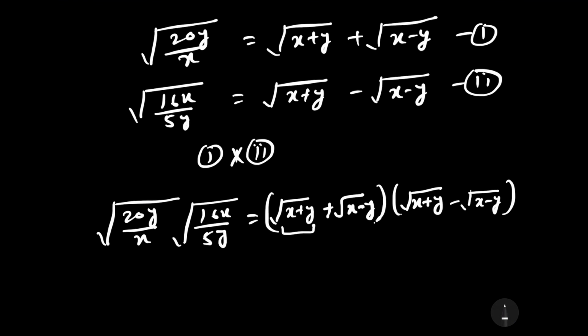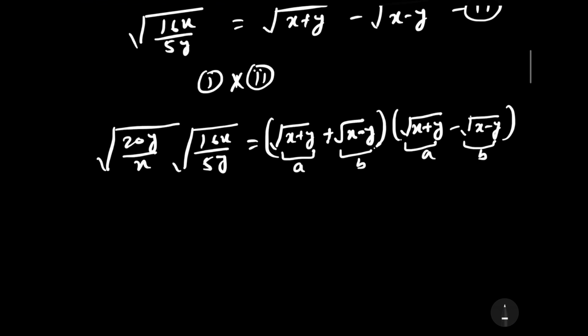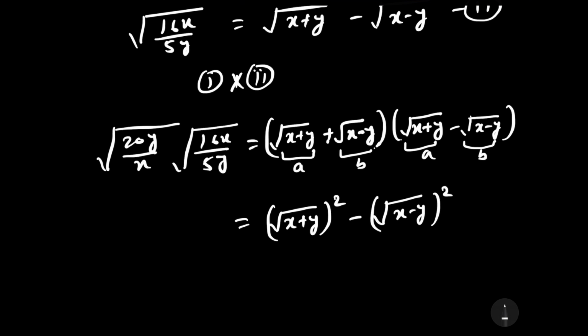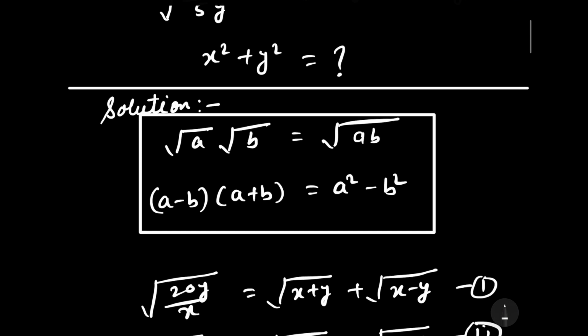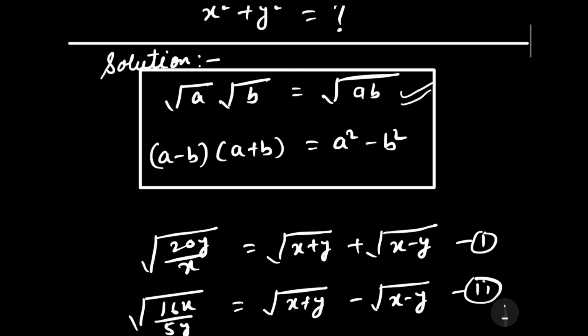Now assume these terms as a and b, then this will be a plus b and a minus b. Then we can write it as a square minus b square, that is square root of x plus y whole square minus square root of x minus y whole square. And here we will use the concept that square root of a into square root of b can be written as square root of a into b.